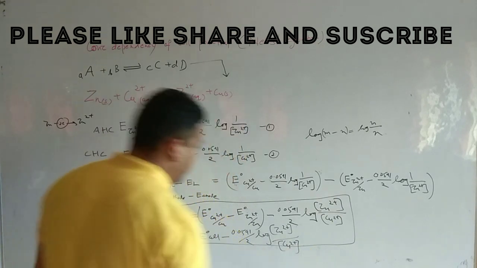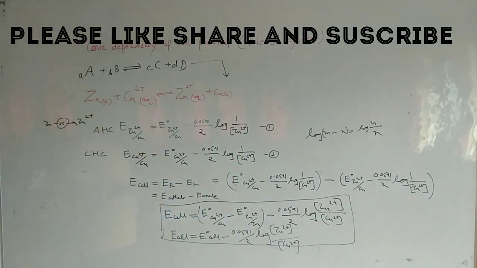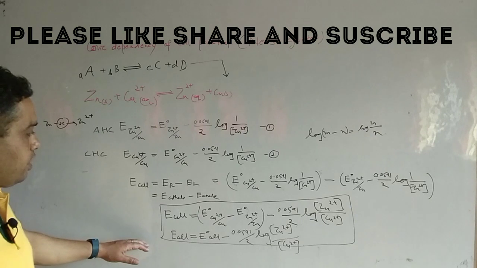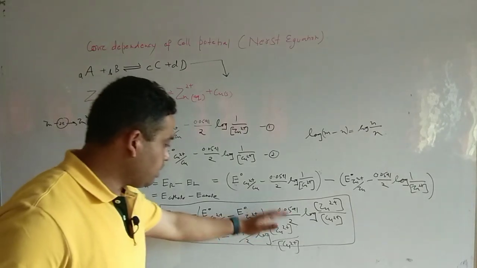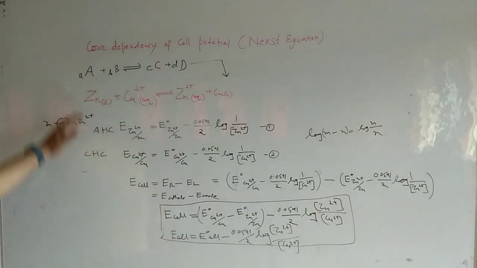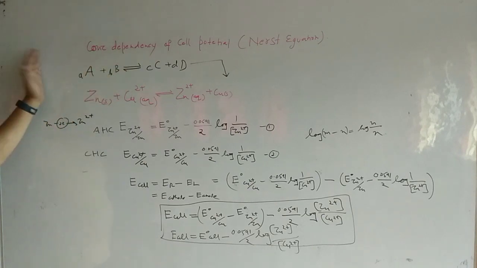This is how you can write the Nernst expression, and from this expression it is quite clear that these are all temperature dependent and concentration dependent.